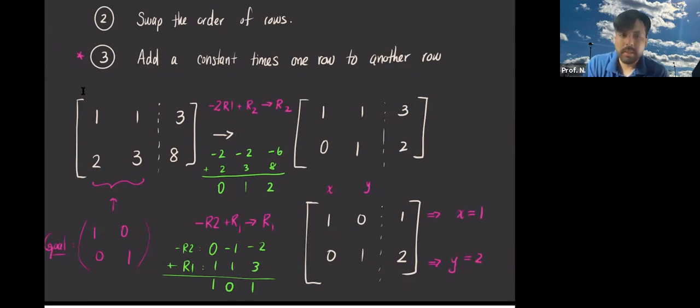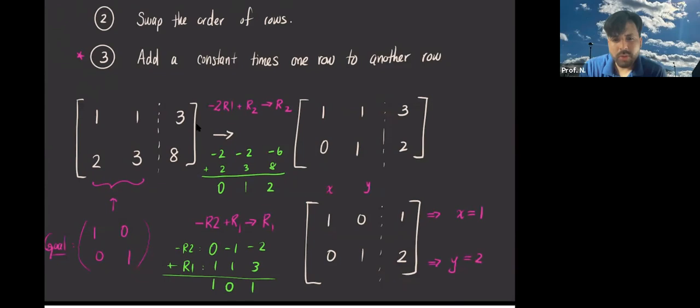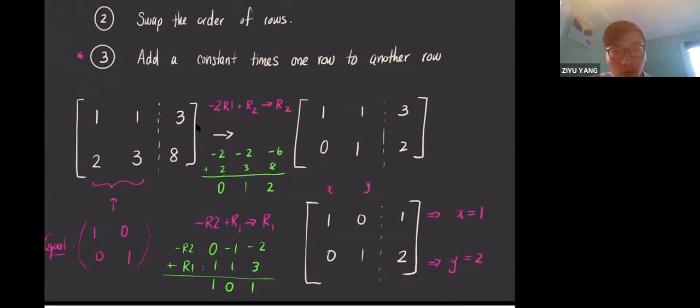Yes. I got one question. So for the negative R2 plus R1, can I just say like R2 minus R1 then become the new R1? Can I not do -1 times row 2 first, or can I just do R2 minus R1 directly?